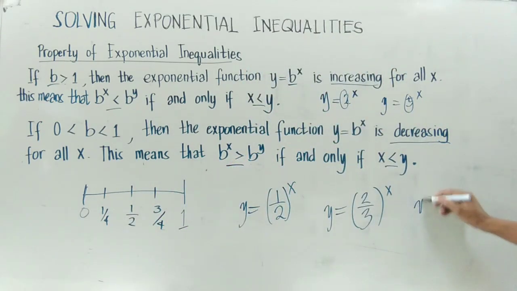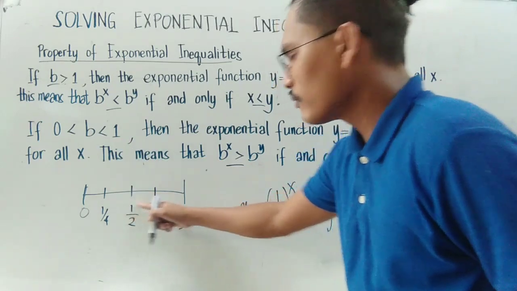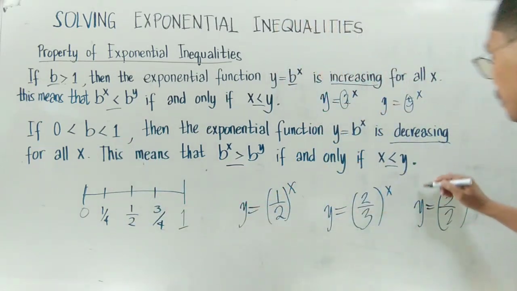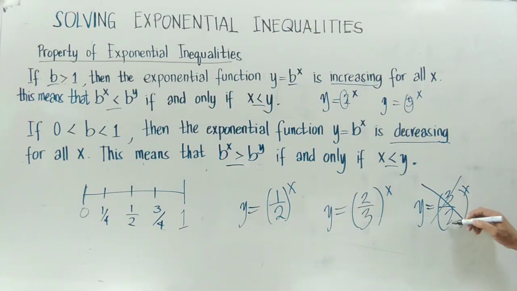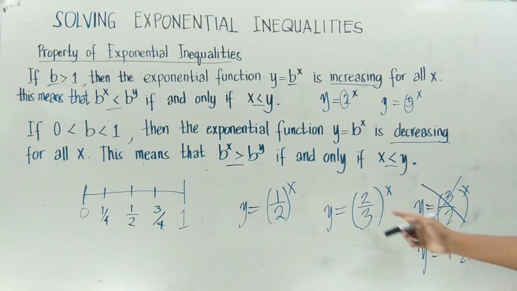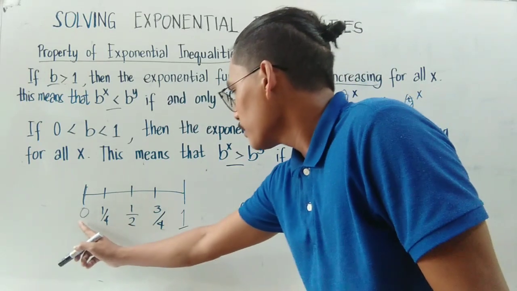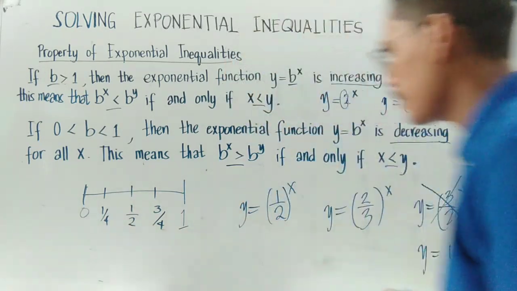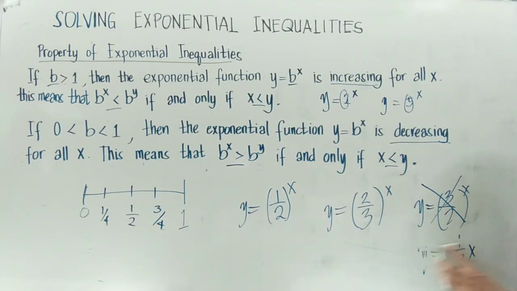Does y equals (3/2) raised to x belong to this property, or to the other one? It does not belong here because 3/2 is greater than 1. 3/2 is 1 1/2. So we will be dealing with fractions that are less than 1 but greater than 0.